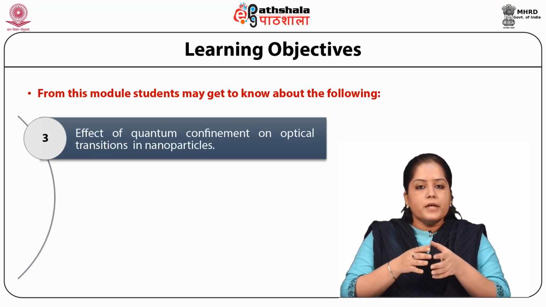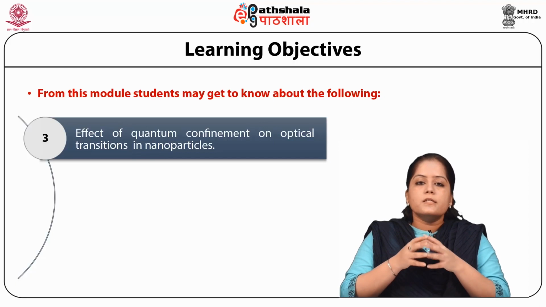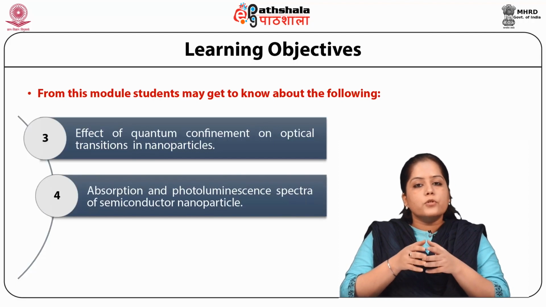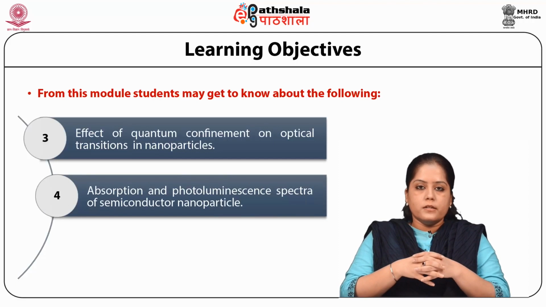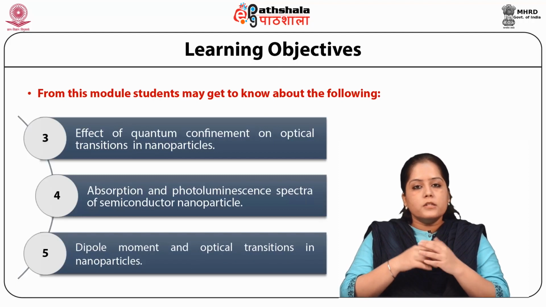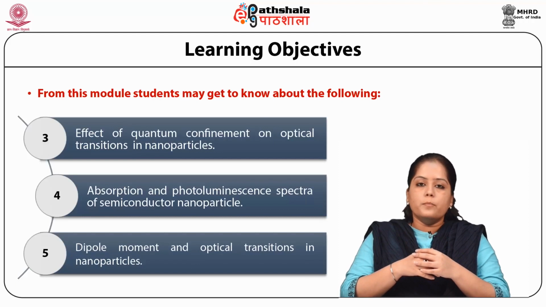Thirdly, the effect of quantum confinement on optical transitions in nanoparticles. Next, we will also discuss the absorption and photoluminescence spectra of semiconductor nanoparticles. Lastly, the dipole moment and optical transitions in nanoparticles will be discussed.